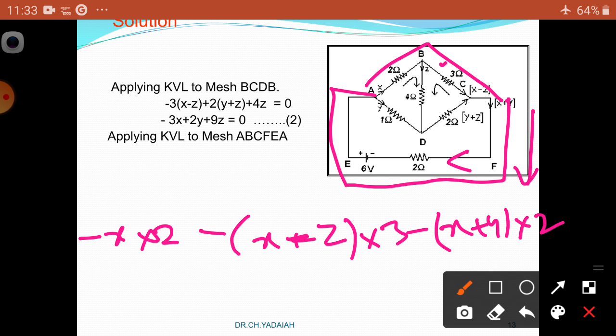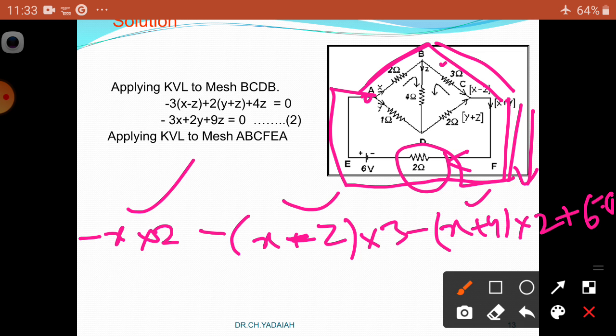Now minus 2 plus the voltage, what is the voltage? 6 volts. Now coming back to the 0 position, equal to 0. So this is the equation we wrote, from these terms to these terms, with no terms for this part, and the last term equal to 0.